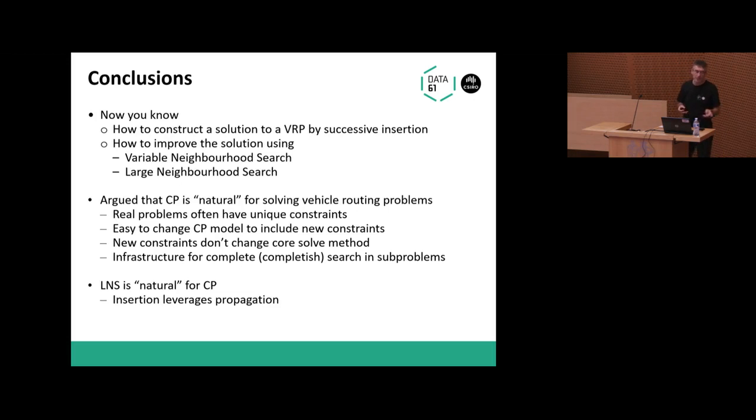I've argued that CP is a natural for solving real-world vehicle routing problems. Every single time I've had to solve a real-world vehicle routing problem, the customer has said, yes, but we do things a little bit differently, and they've had an extra constraint.